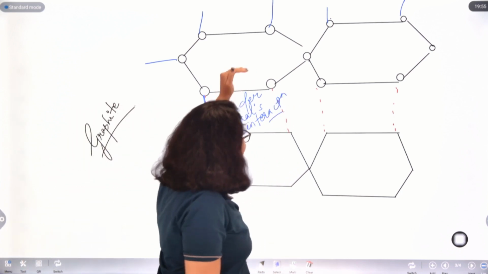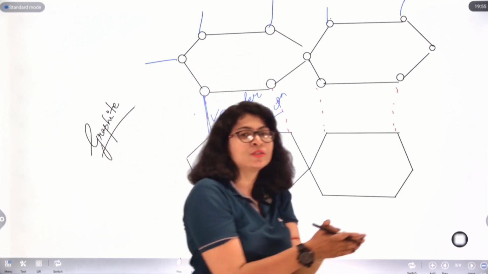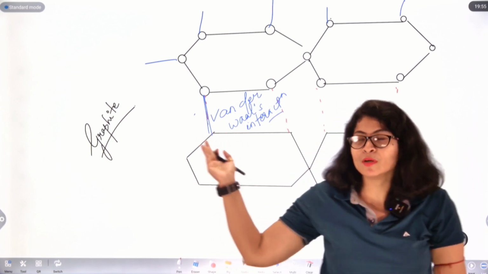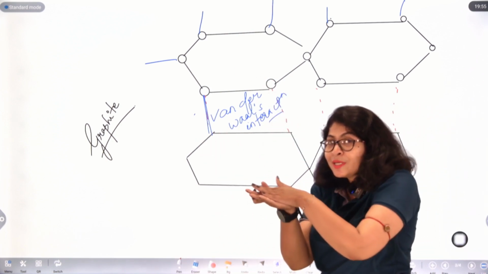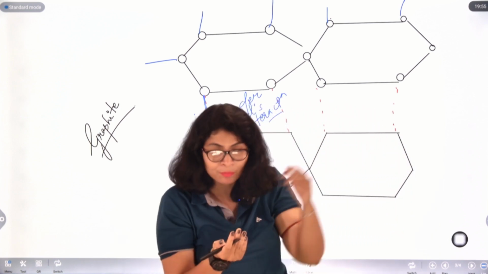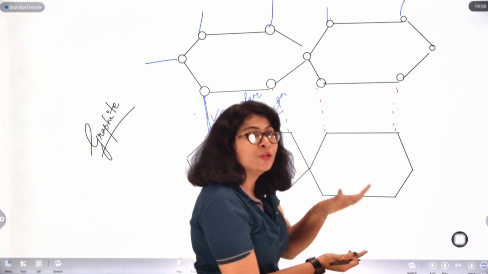As the distance between them is large, the only force of attraction existing between them is this van der Waals force, and as a result they exist in a sheet-like manner.